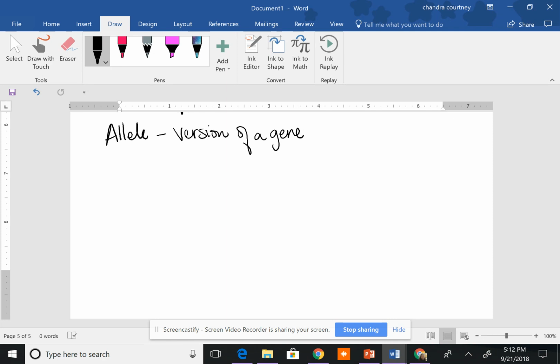But at the end of the day, they're all types of Chips Ahoy cookies, but slightly different. So that's what an allele is. It is a version of a gene that you get. And as humans, we always get 2 alleles. One allele comes from our mom, one allele comes from our dad.